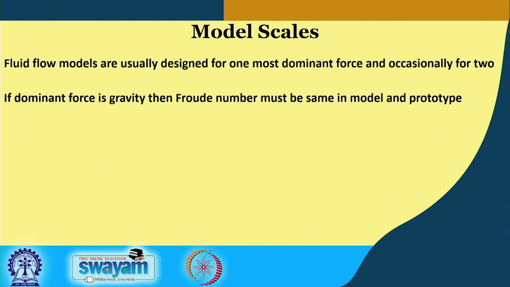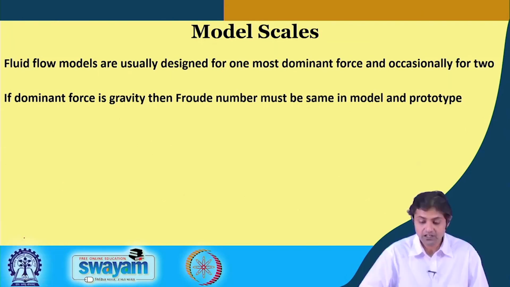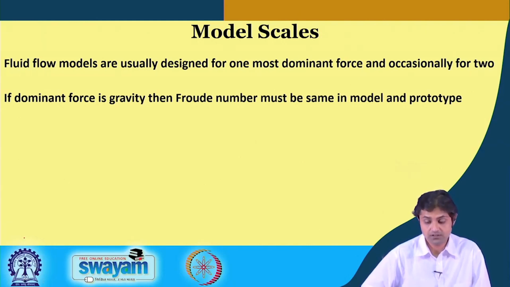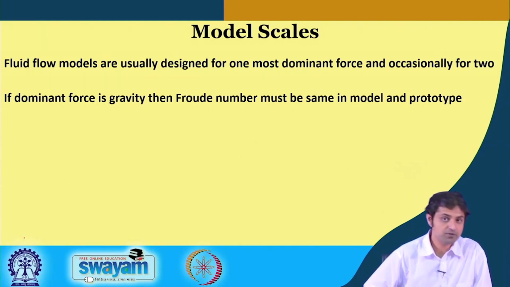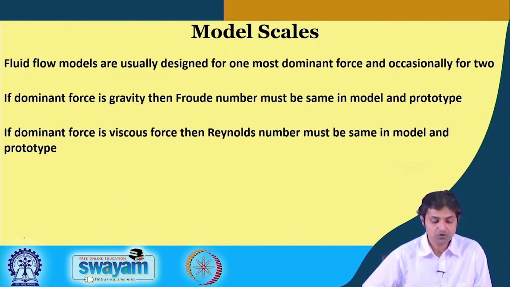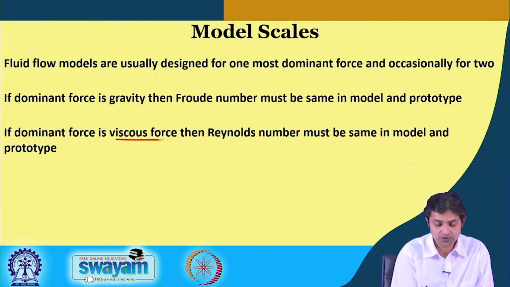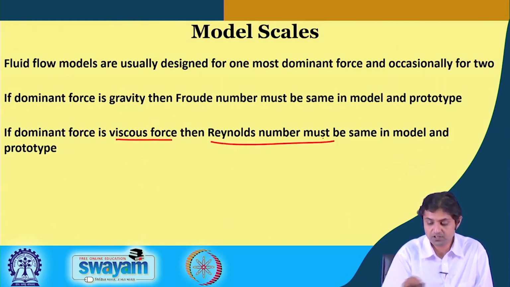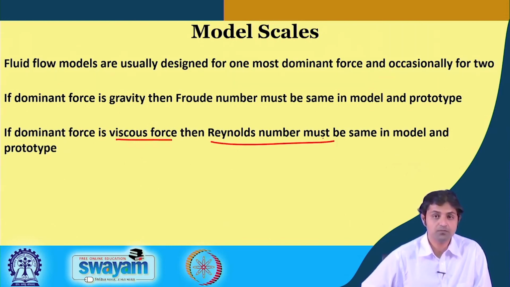Suppose the dominant force here is gravity, then Froude number must be the same in model and prototype. If the dominant force is viscous force, then Reynolds number must be the same in model and prototype.